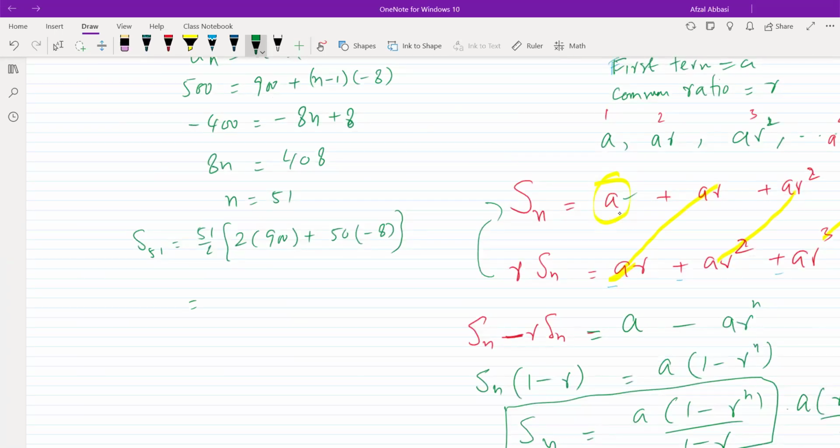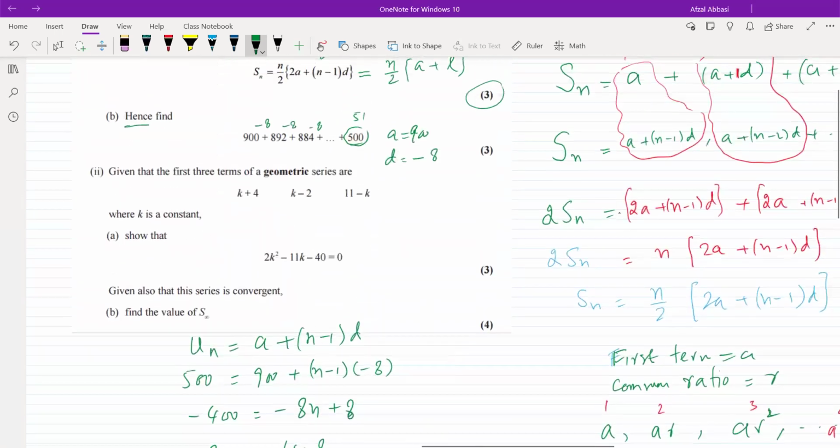So we'll calculate this. 900 times 2 plus 50 times negative 8 is 1,400, which will give us 35,700.